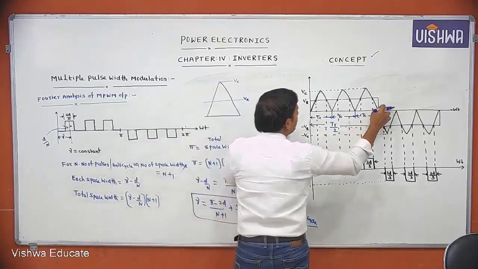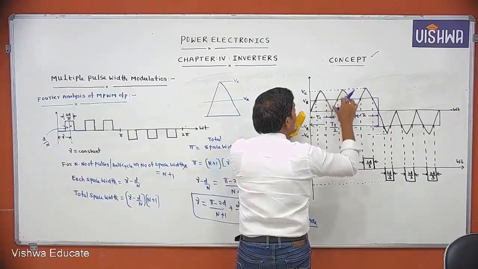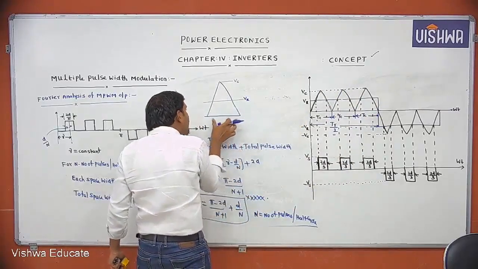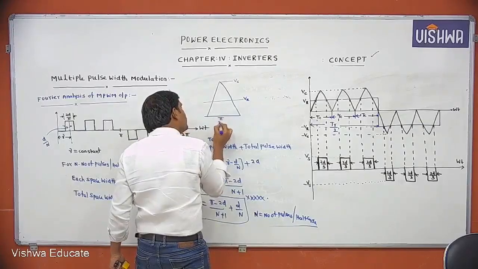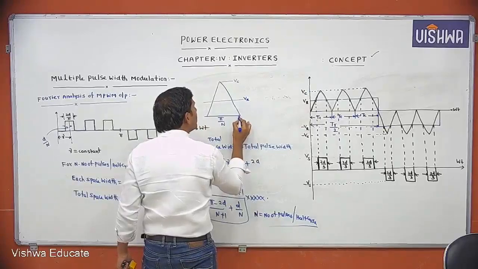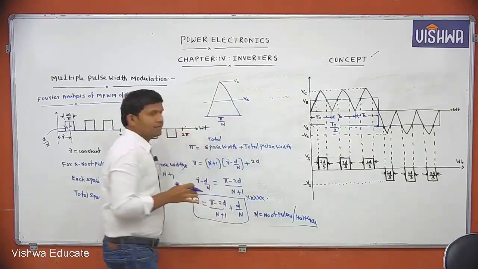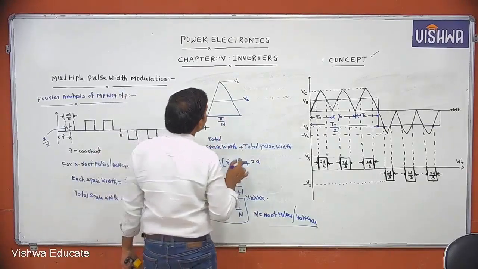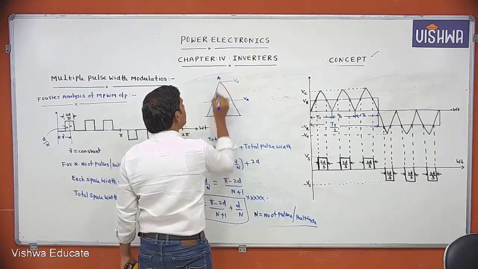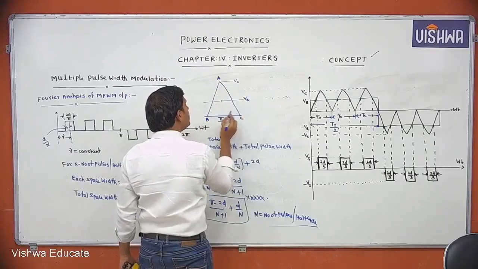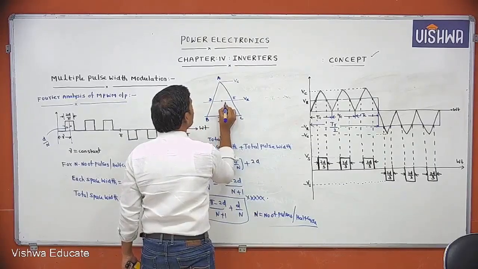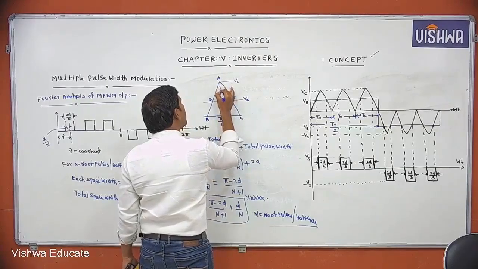This total is pi. If there are n carrier signals like that, then each width is pi by n. This total width is pi by n. Shall we write like this? Let this point be A, this B, this C, this D, this O, and draw one perpendicular line from the midpoint.